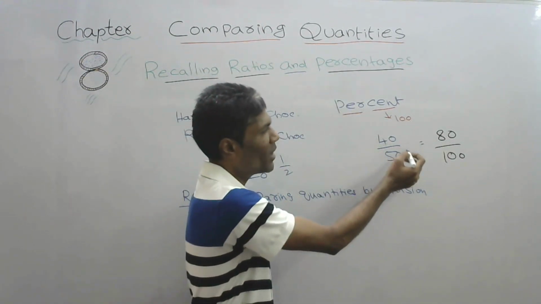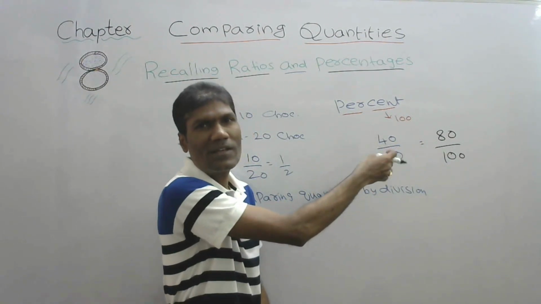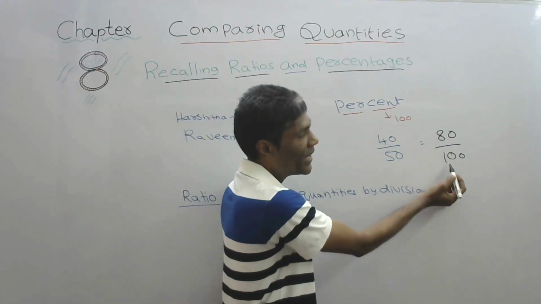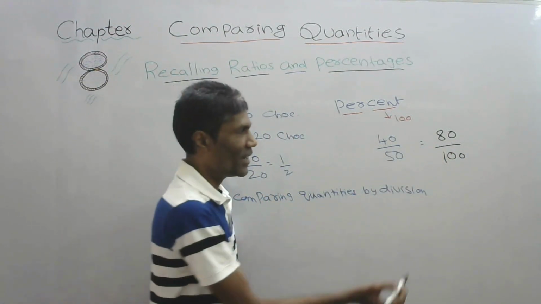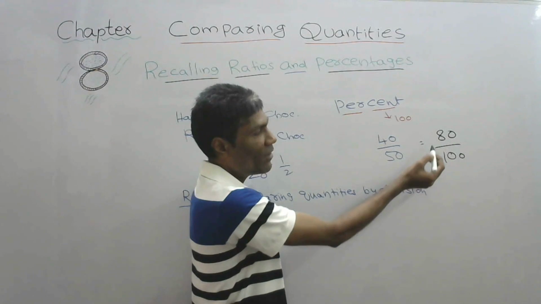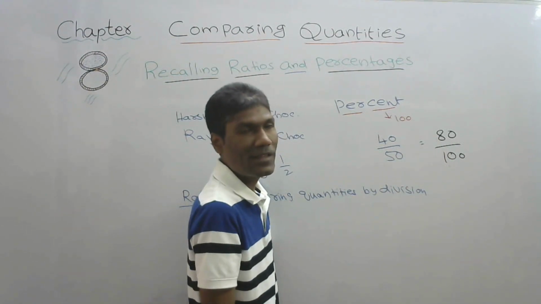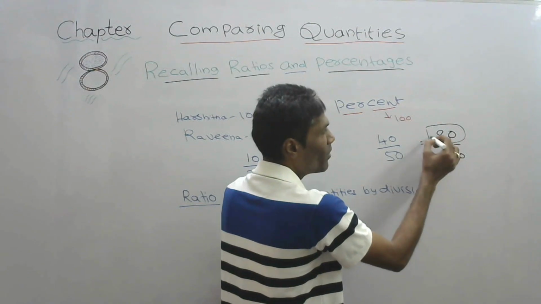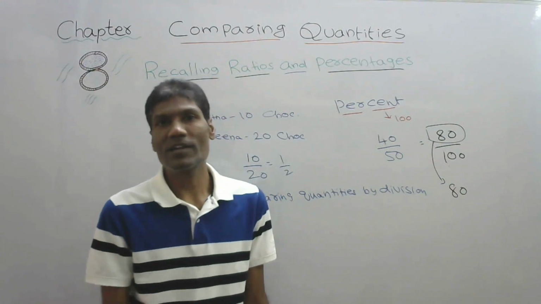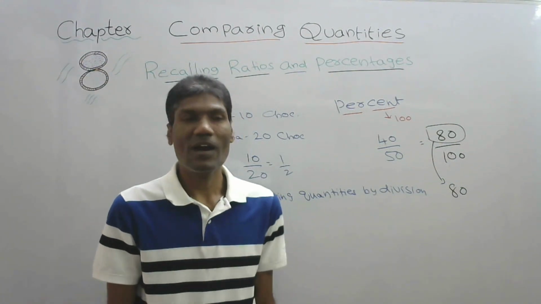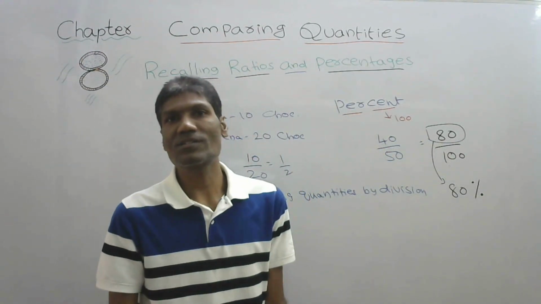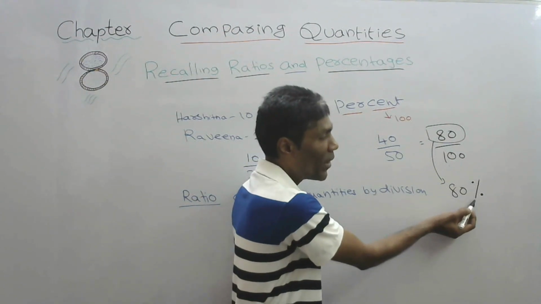How to do it? Multiply with 2 or multiply with 100. That is a simple process, we will see. That is not a problem. But here the concept is, if I say 80 by 100, then I am saying 80 per 100. Whenever I am taking per 100, I will call this number 80%, and the symbol I am using is this one. 80% means 80 per 100.